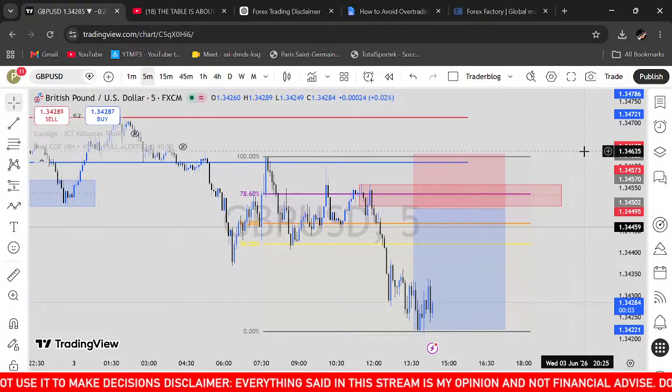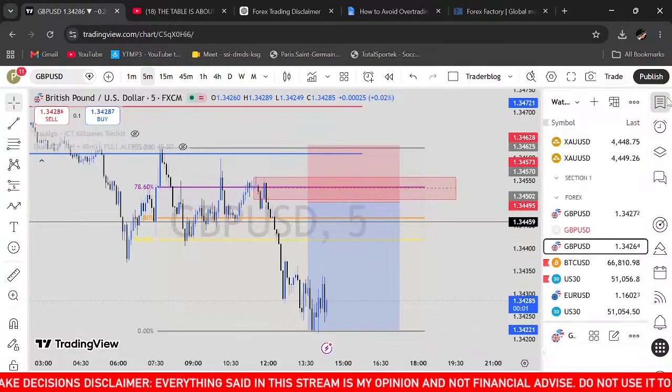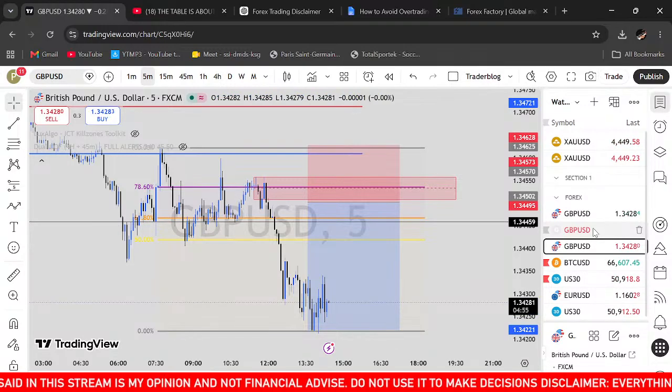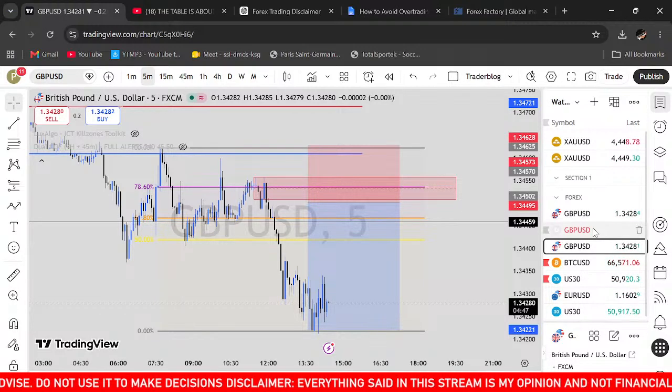Before, I used to trade gold a lot, and I used to trade GBPUSD as well, right? But then I realized that the win rate on GBPUSD was way more than on gold. My win rate on gold was actually more than 50%, but on GBPUSD it was way higher.